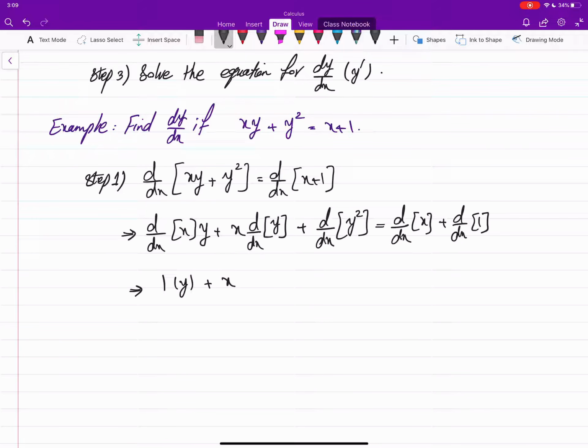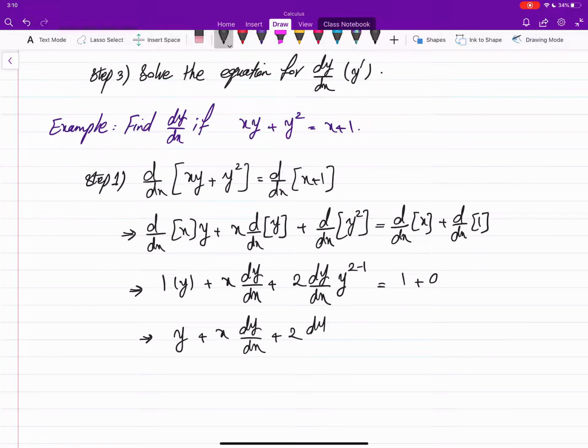Derivative of y with respect to x, well, just write dy dx for this, plus derivative of y squared with respect to x. This is 2 dy dx times y to the power 2 minus 1. That's the chain rule. And derivative of x with respect to x is 1. Derivative of 1 with respect to x is 0. So let me write it in a simpler way. So 2 dy dx, y is equal to 1.